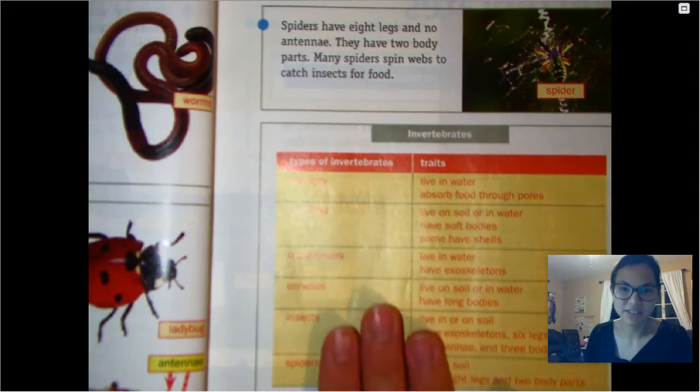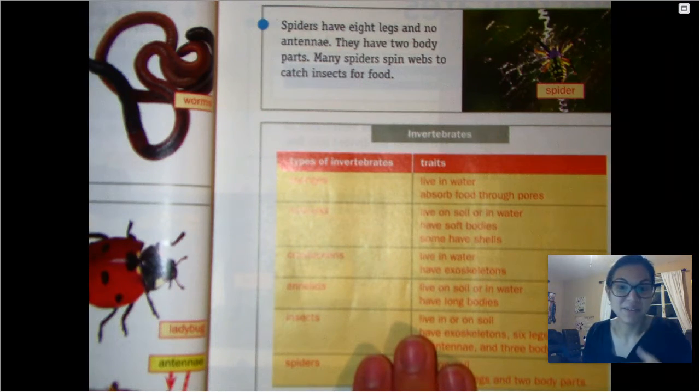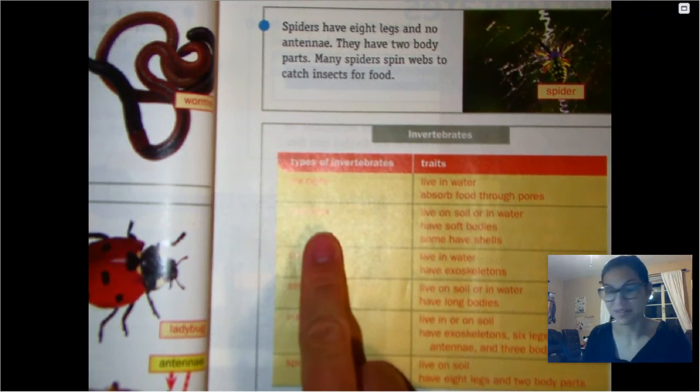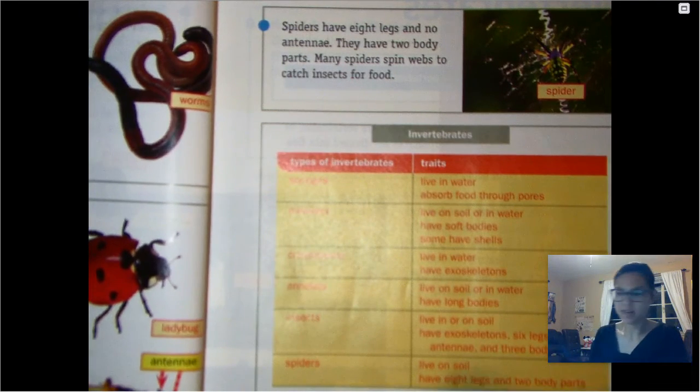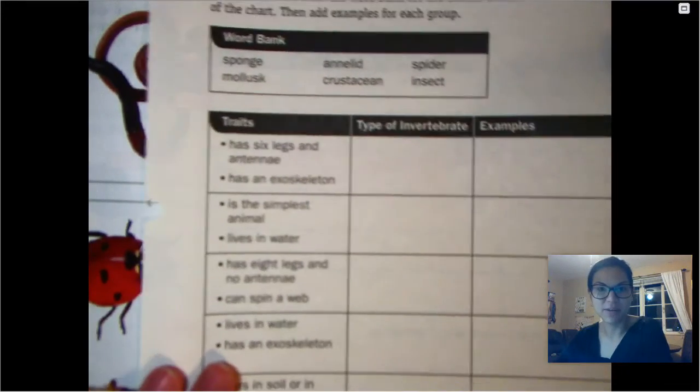All right, moving on to this chart. I want you to use this chart on this week's assignment. You're going to be filling in a chart also. Again, I'm very flexible on how you want to do this. You don't have to remake the chart. You can write sentences about each, what a sponge is, a mollusk, or give me an example. But let me try to find it. Oh, here's what the assignment for this week is.